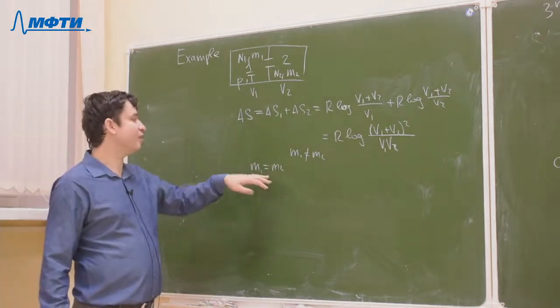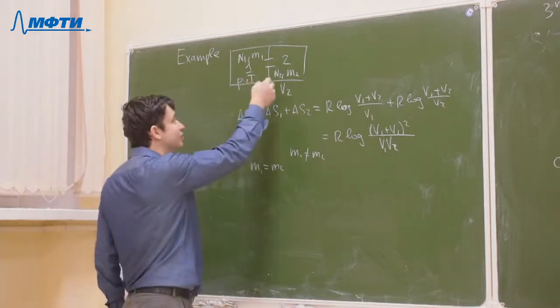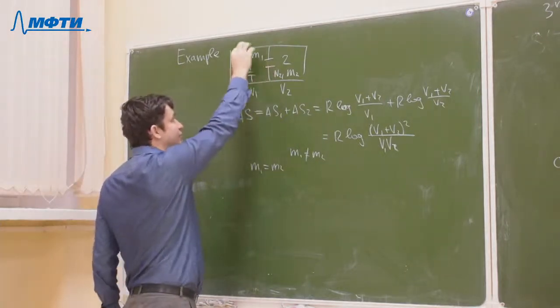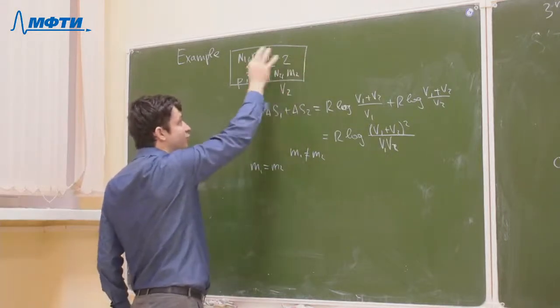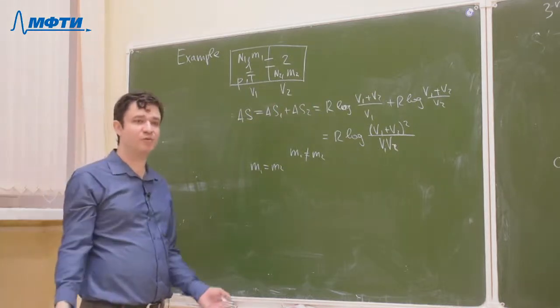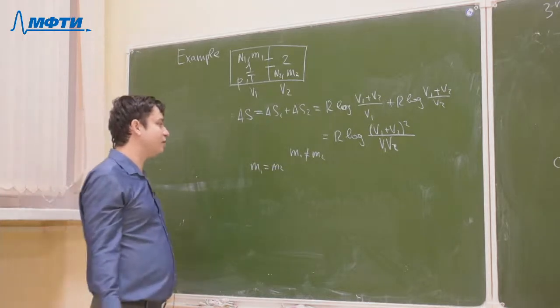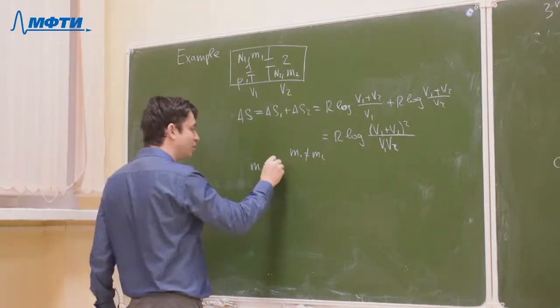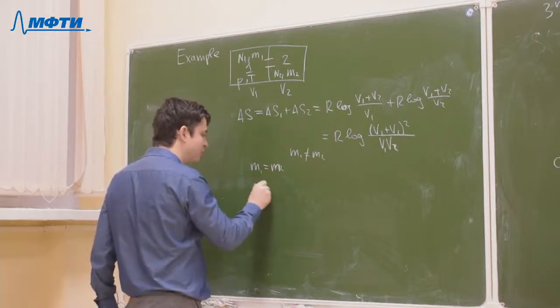So when M1 equals M2, we can say that in total, this system consists of some gas which occupies volume V1 plus V2. And it happened before we opened the valve and after we opened the valve. So altogether, there is no change in entropy.